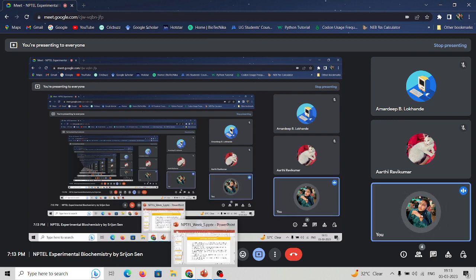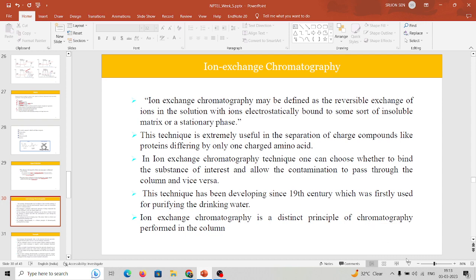Okay, so let us restart with ion exchange chromatography.